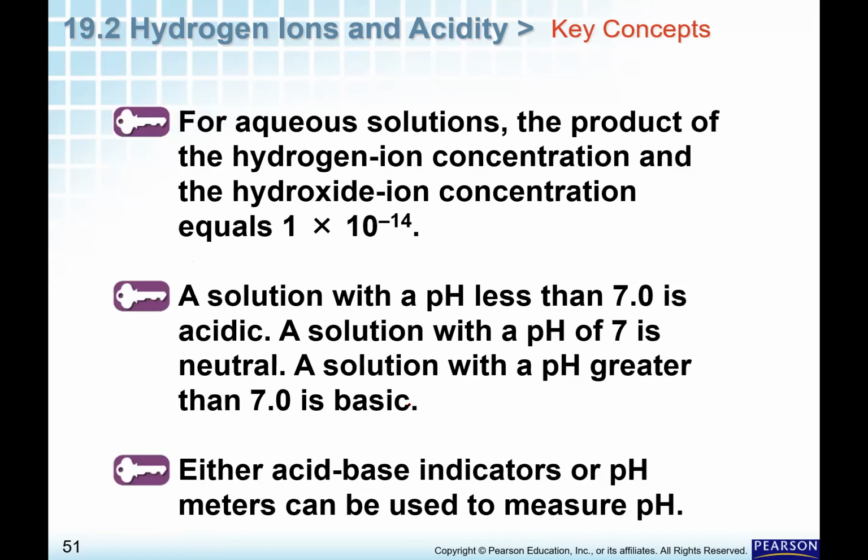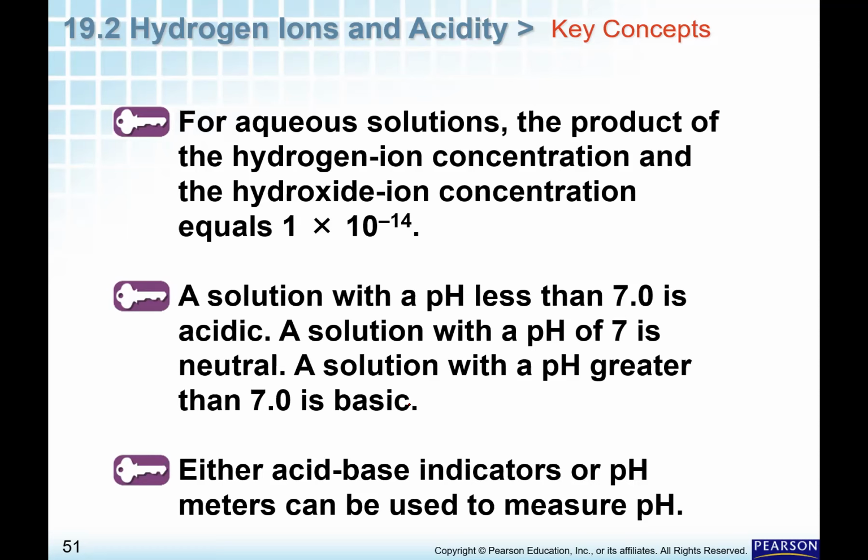So in conclusion of this section, we have learned mainly three things. First of all, the relationship between H plus and OH minus is inversely proportional, and we have this equation called Kw, which is equal to 10 to the minus 14, and it is equal to the H plus concentration times the OH minus concentration. We can use that equation to determine any concentration that we like if we are provided with the other one.